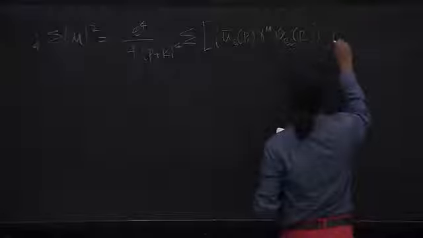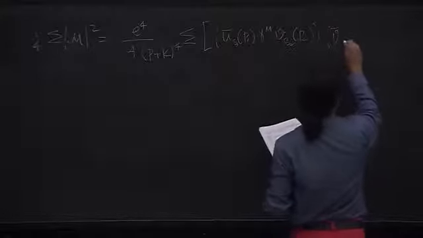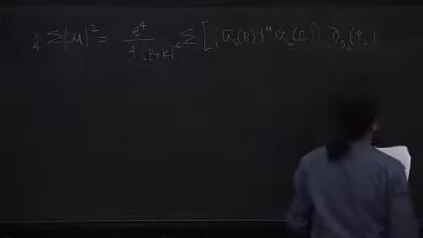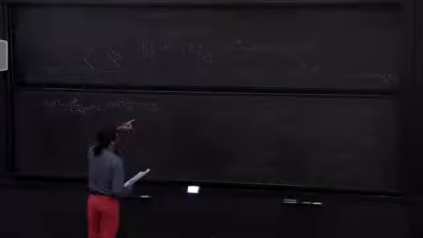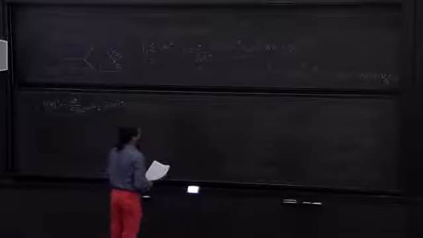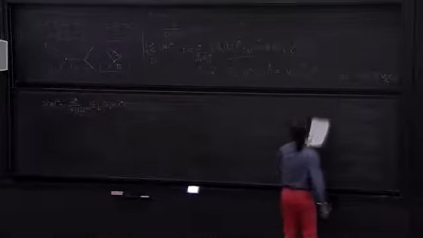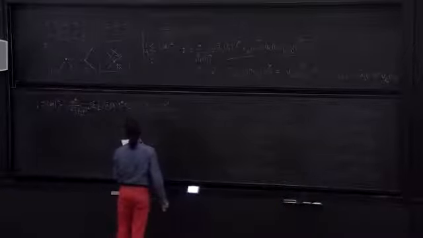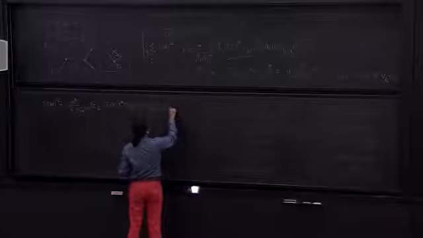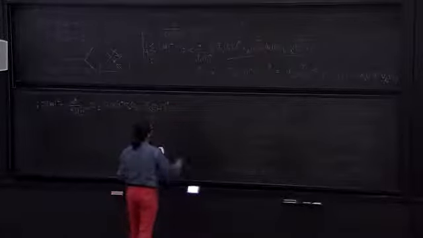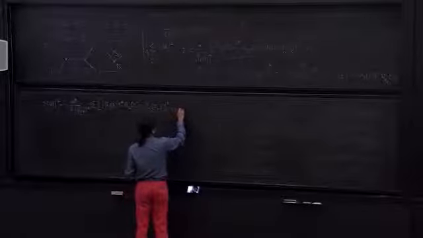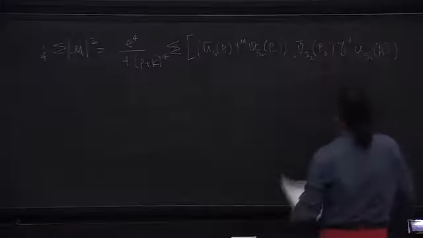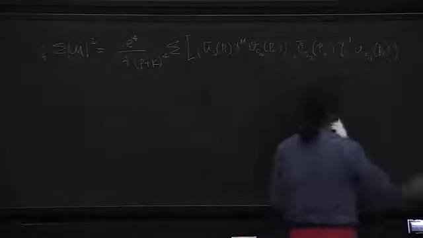So we will have V bar of S2 P2, and we have to be very careful, so this will have a different gamma matrix, a gamma nu. So let's call this gamma nu. And then we have U of S1 P1. Okay, good.